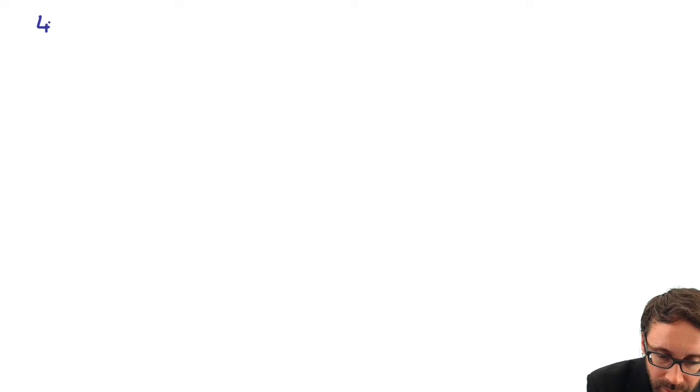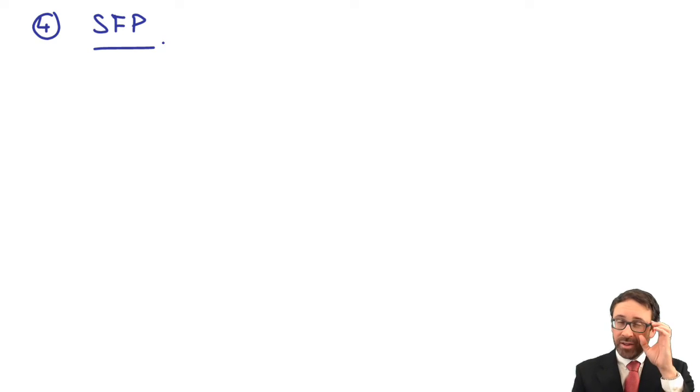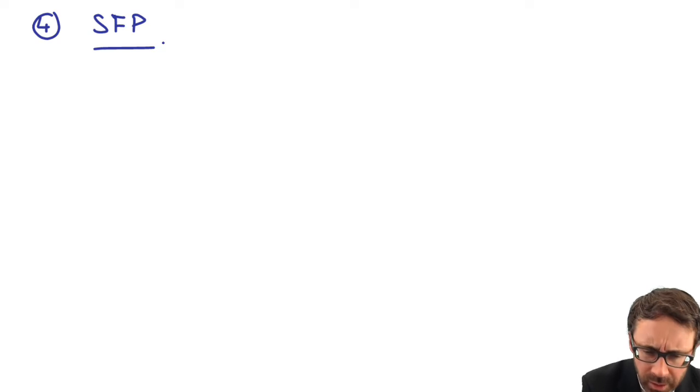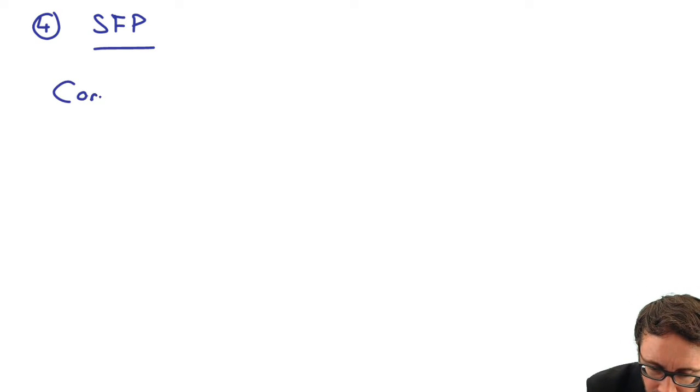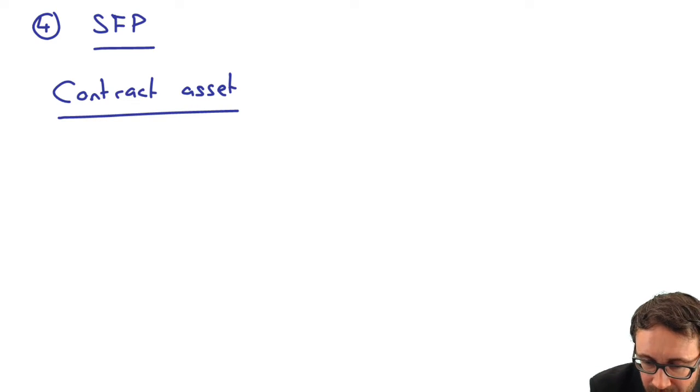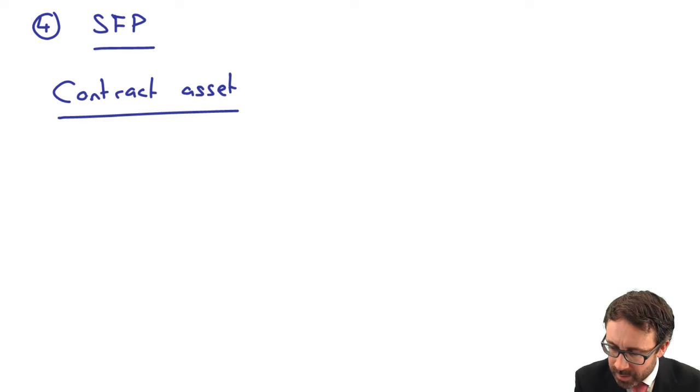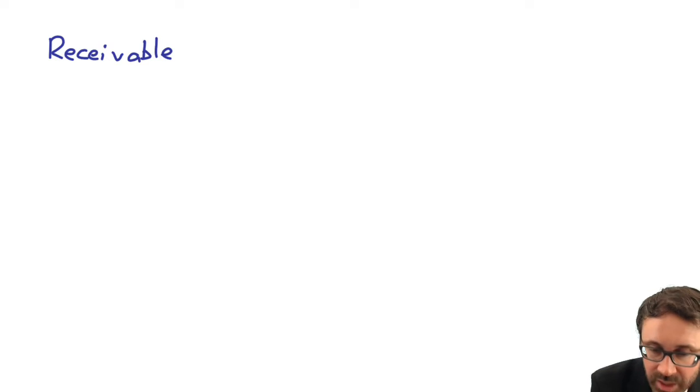Step 4 is then what we look at on the statement of financial position. So what you've got effectively on the SFP is that there's two things to look at. First of all, you're going to look at your contract asset using that pro forma from earlier, but, and this is where students go wrong within an exam, where they lose the easy marks, you also need to look at your receivable.